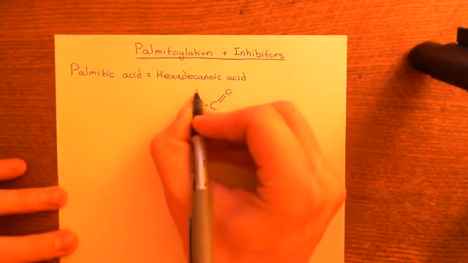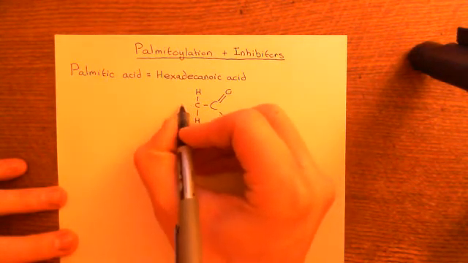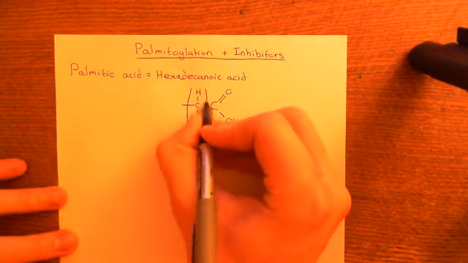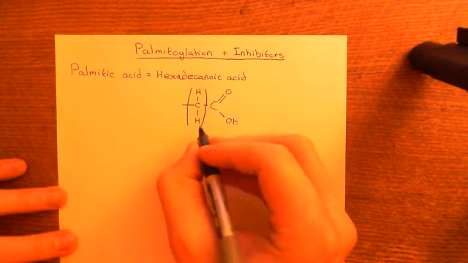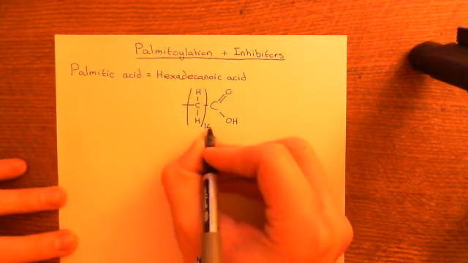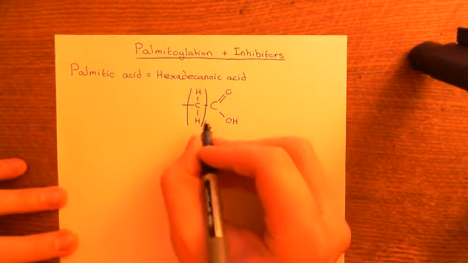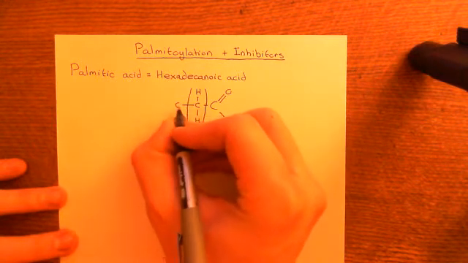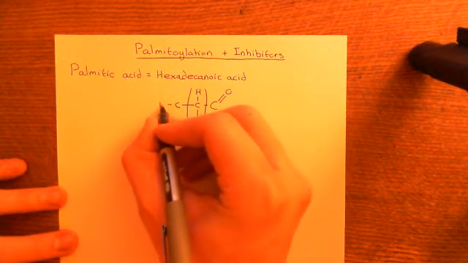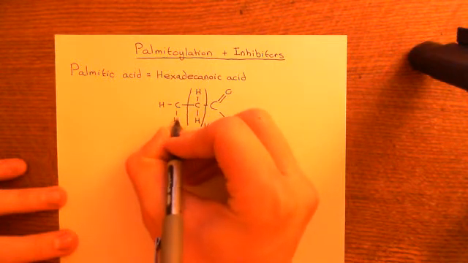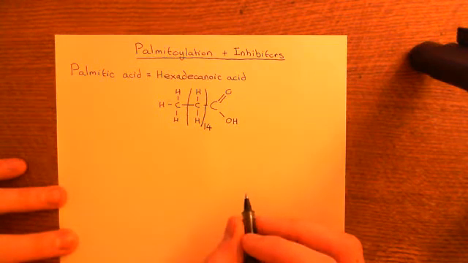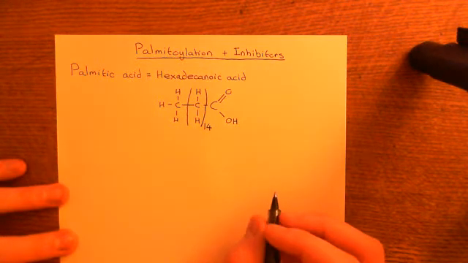Here is a methylene group, and because I don't want to draw 14 methylene groups out, I'll draw one, put brackets around it, and subscript this with a 14 to mean repeat this methylene group 14 times. Then right on the end you have a methyl group. So this is the structure of palmitic acid, or hexadecanoic acid.